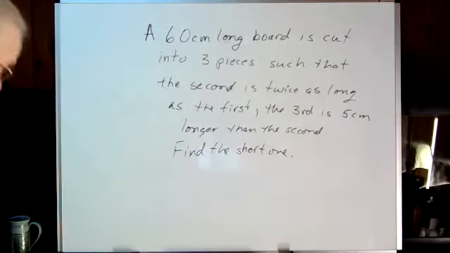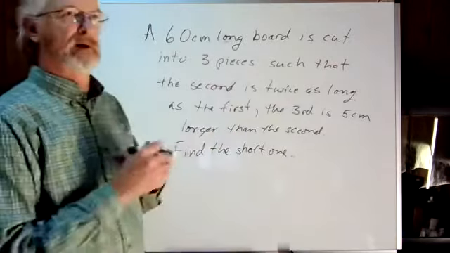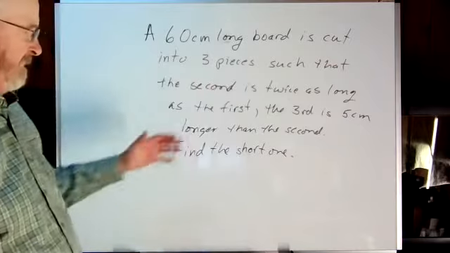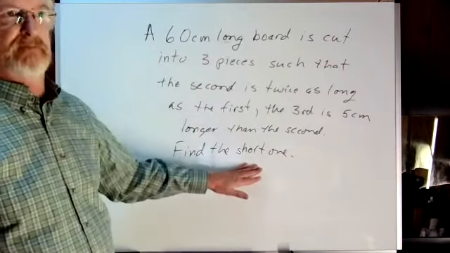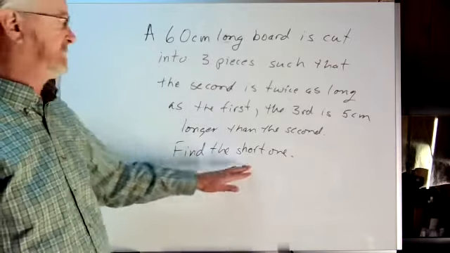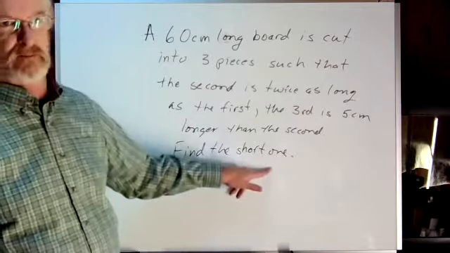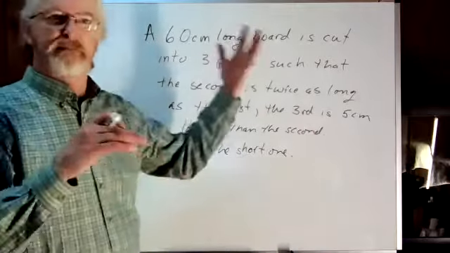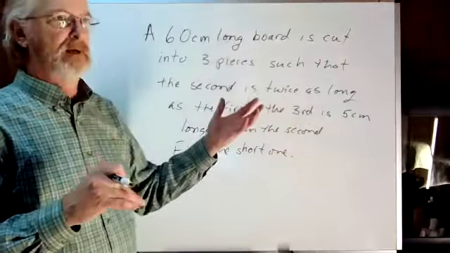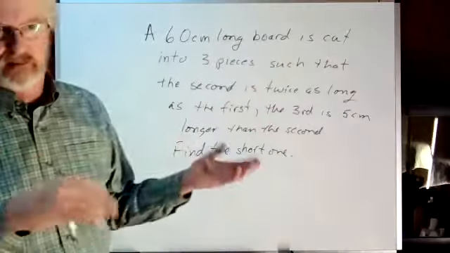All right, think it through. What are we looking for? Well, we're looking for the length of one of the 3 pieces, and in particular the short one. But there are three different pieces described here, all in relation to one another.